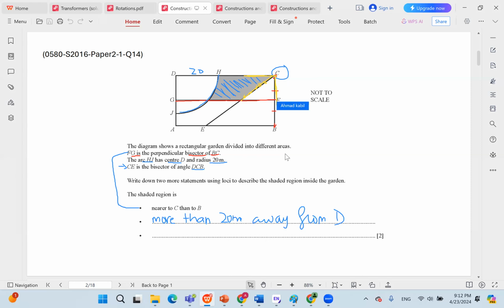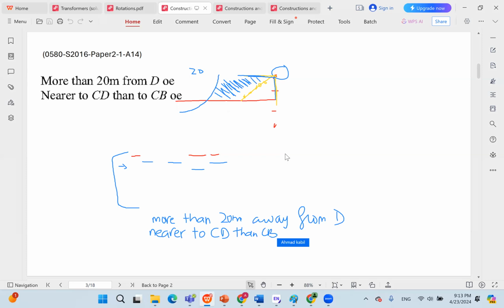So therefore, the shaded region must be closer to CD than it is to CB, because it's above the yellow line. So the answers are more than 20 meters away from D and nearer to CD than CB.